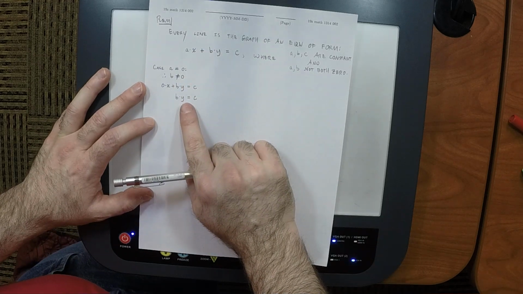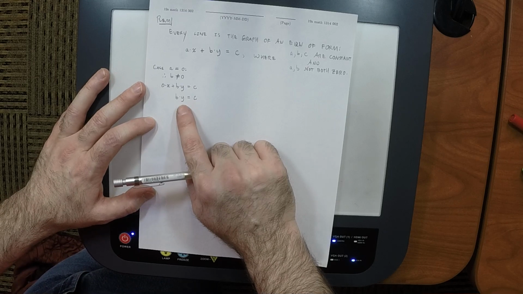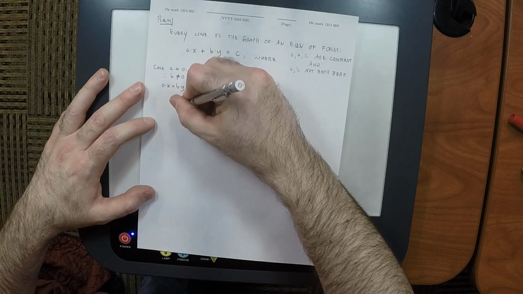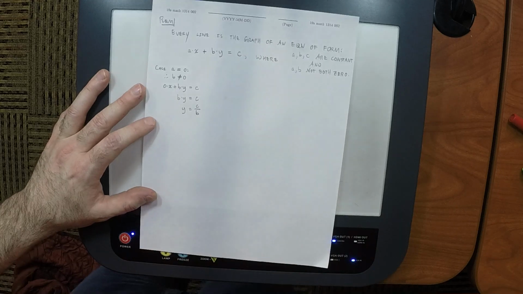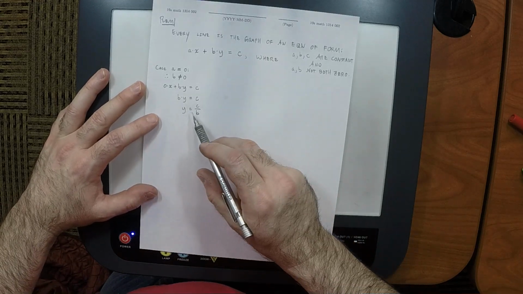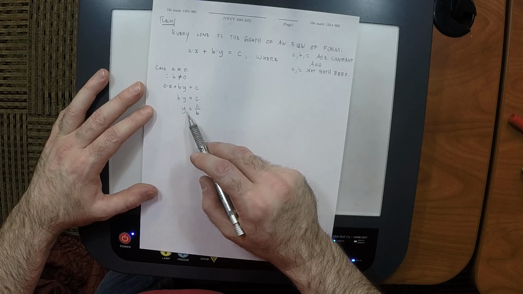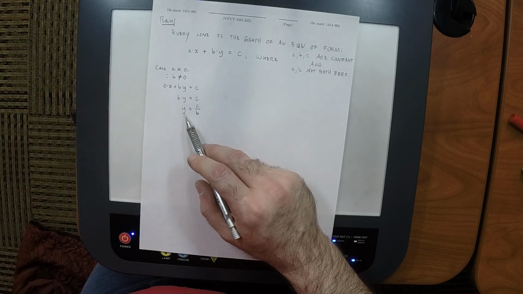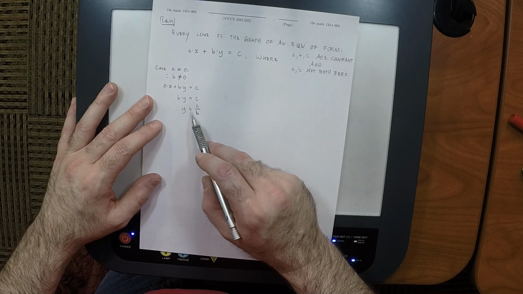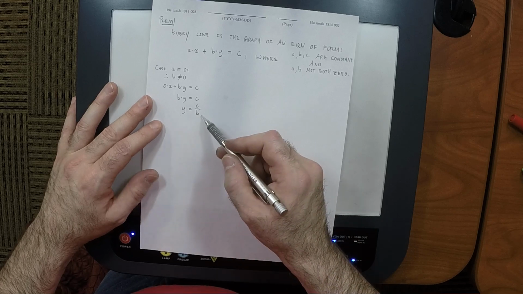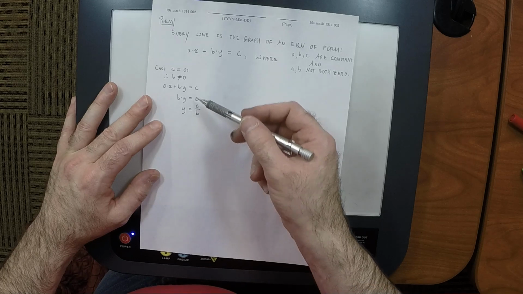And now I want to solve for y. What do I need to do to solve for y? Divide by b, so that it looks like y equals c over b. So we needed to perform a division. Is that division legal? Alternatively, under what circumstance would division by b be illegal? If it's 0. So is it legal? Yes. Why? Because we've already established that a is 0, therefore b cannot be.